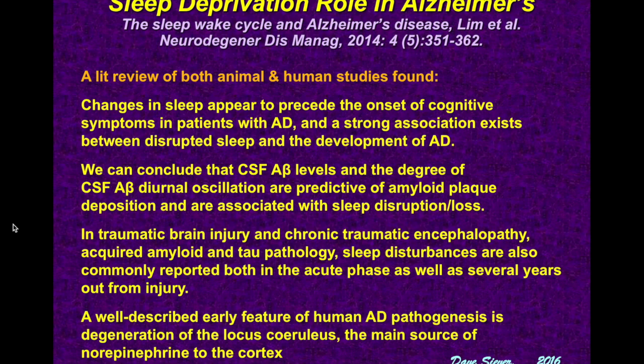cognitive symptoms in patients with Alzheimer's disease, and a strong association exists between disrupted sleep and the development of Alzheimer's disease. We can conclude that cerebral spinal fluid amyloid beta levels, and the degree of amyloid beta diurnal oscillation, are predictive of amyloid plaque deposition and are associated with sleep disruption and loss.